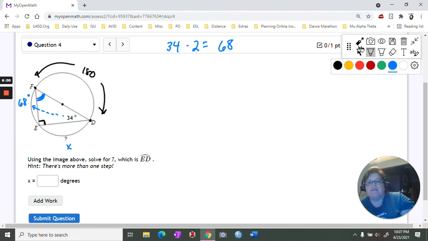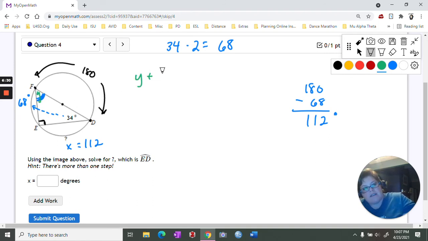I like this double and then subtract from 180. It's pretty quick. So that's ultimately what I'm going to do here. 180 minus 68 is 112 degrees. But if you want to do that second option, let's say I call this angle y.